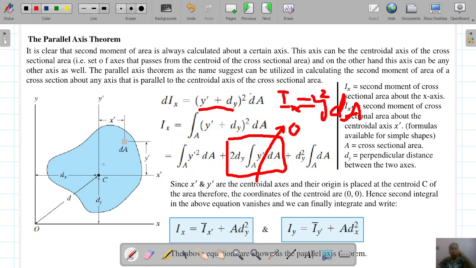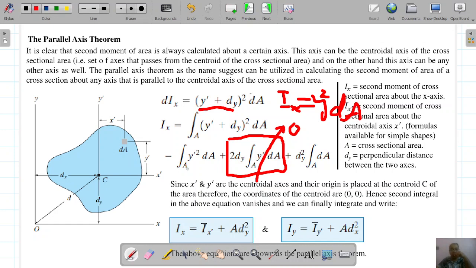The reason being, tell me what will be the values of the coordinates x' and y' at the centroid. What will be the values of x' and y' at the centroid? They will be 0. So the integral of 0 times dA will be 0. So this term vanishes.